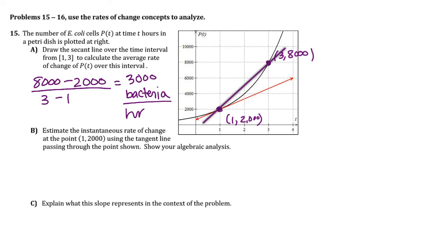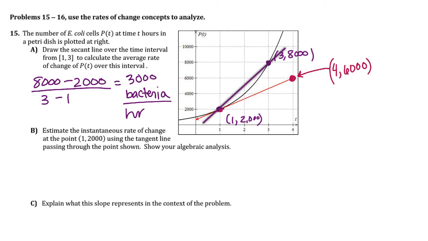So to estimate that here, if we go through and find another point on that line, so I've got this point, and if I look through, I've got another point right out here that I could use, because this is a tangent line. And so whatever the slope is on that line is going to be the slope at that point. So I have (4, 6000), it looks like.